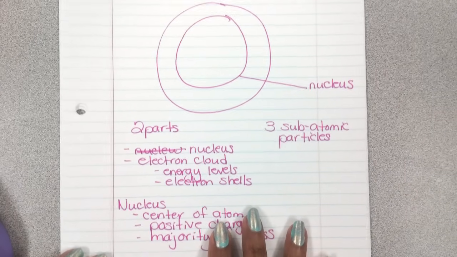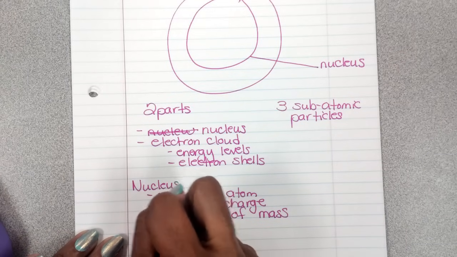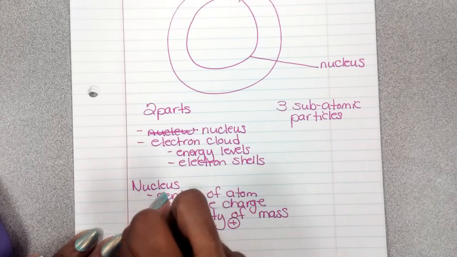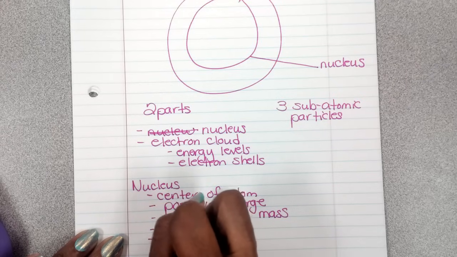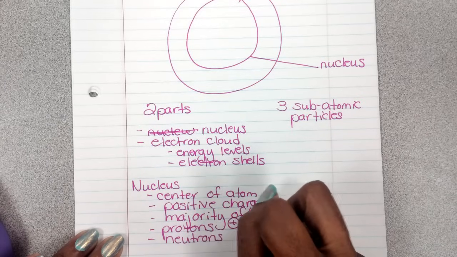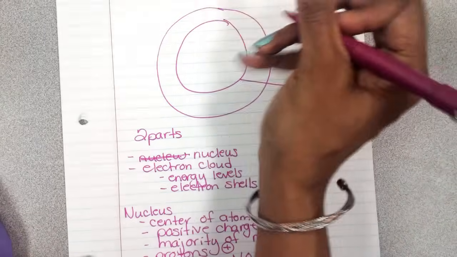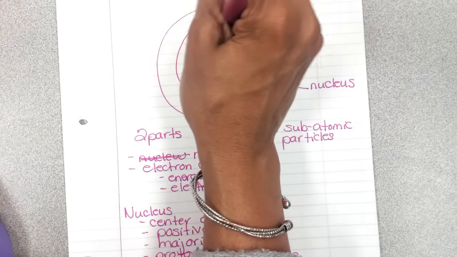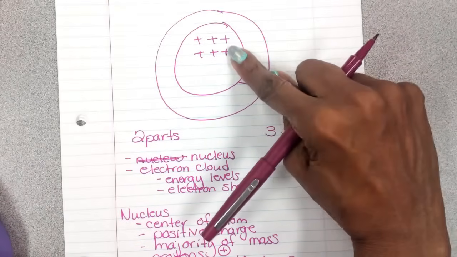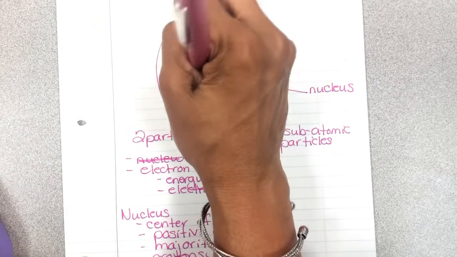All right, so within the nucleus, we have the protons, which are positive, and we have the neutrons, which have no charge. Okay, so those are my protons, and these are my neutrons.